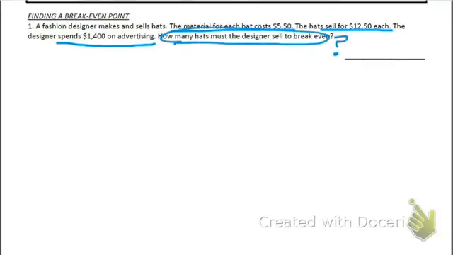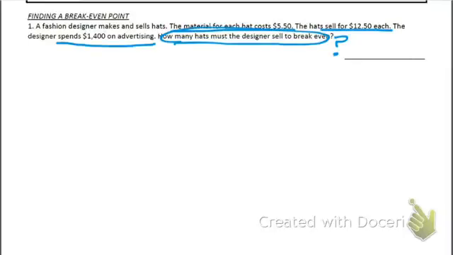The question is, after how many hats does how much I make and how much I spend become equal? So we're going to write 2 equations for this. The first equation is for the cost of actually making them, so our expenses. But before we do that, we have to define our variables.